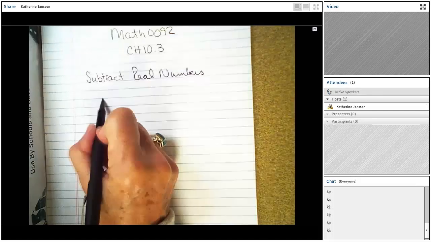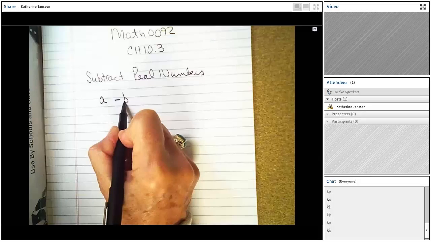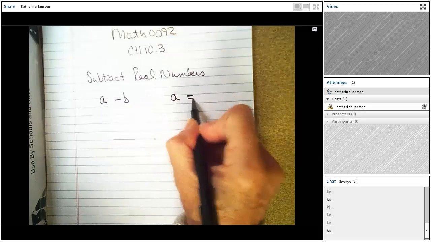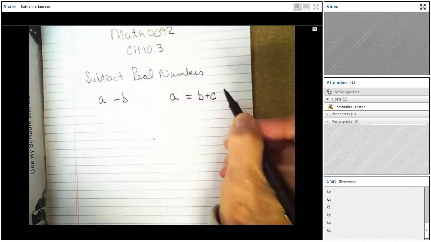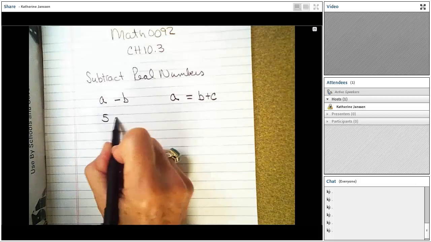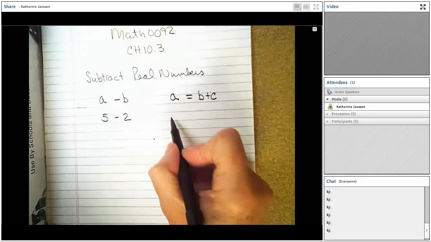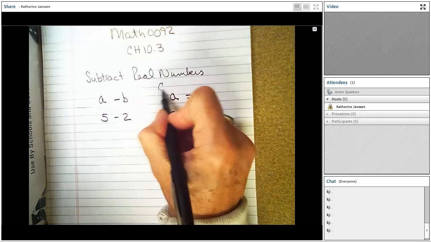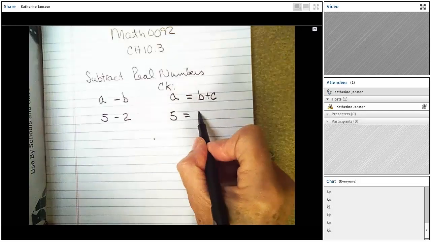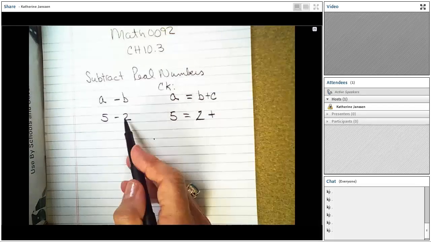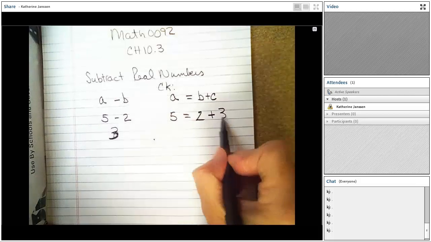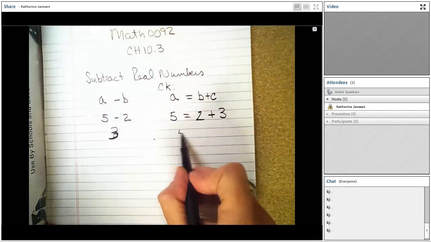So the difference, A subtract B, is the number C for which A equals B plus C. So if I have 5 subtract 2, then I can check. 5 is equal to 2 plus my answer, and my answer is 3. 5 equals 5.